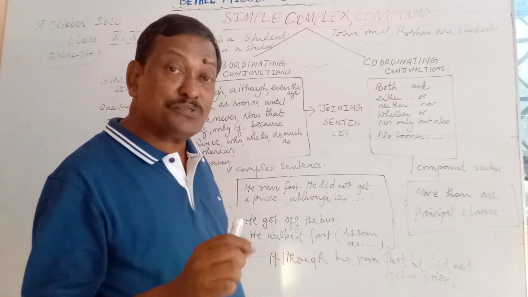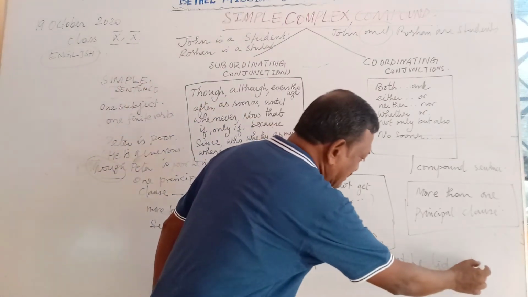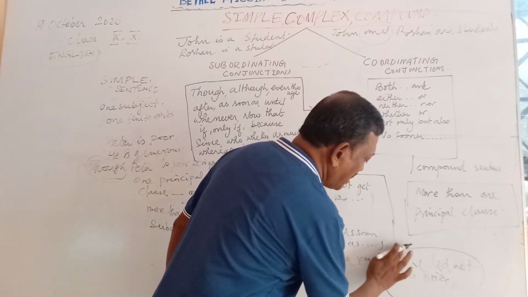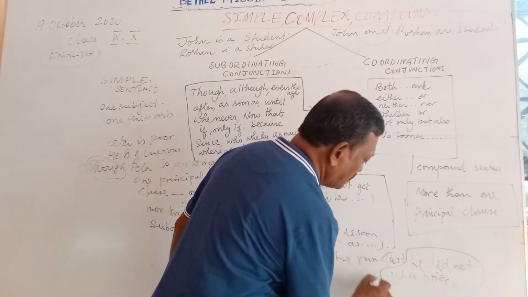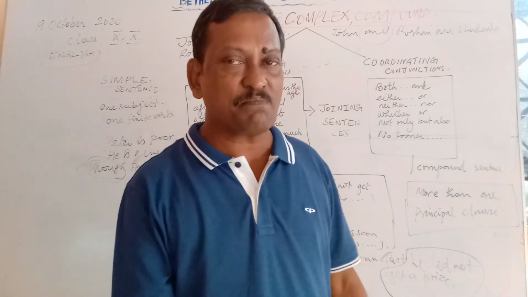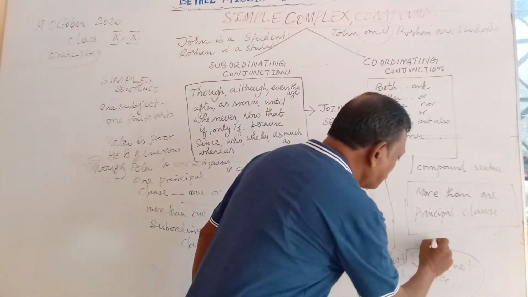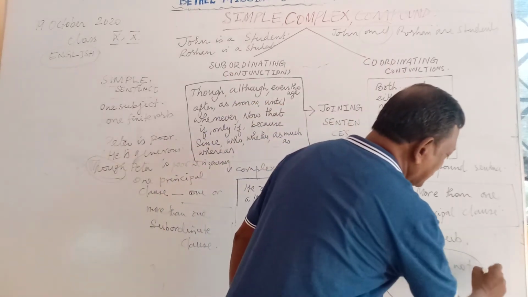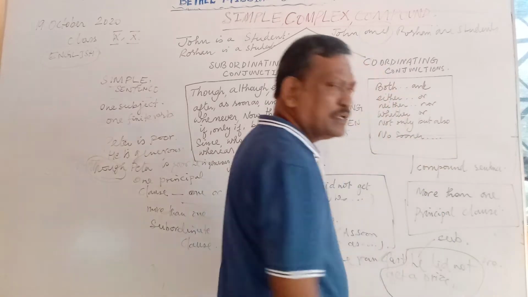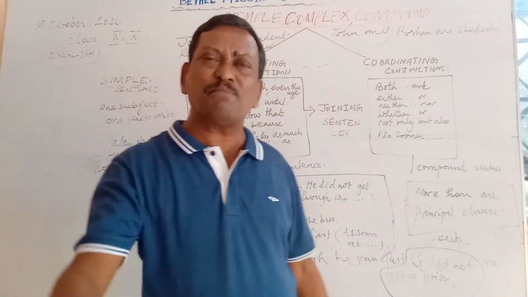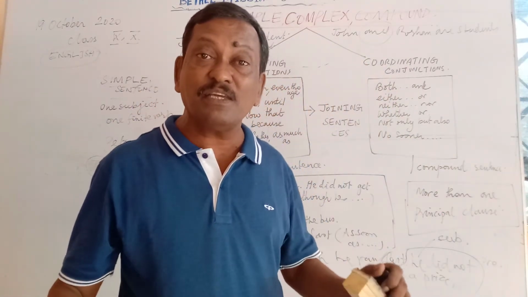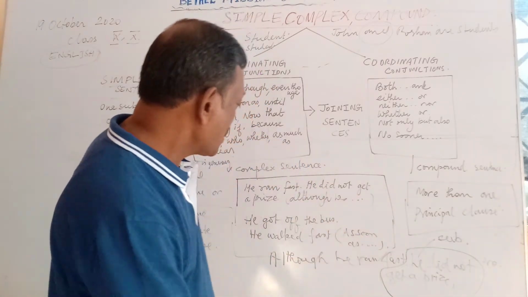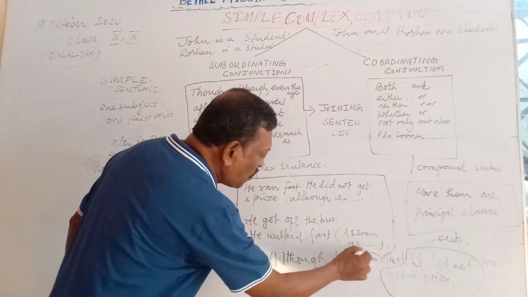Now comes the most important point. Let us take this part: he did not get a prize. This has a subject. He is the subject. Did not get a prize is the predicate. So when I say he did not get a prize, the meaning is clear. It is understood. It is complete. But look at this sentence.